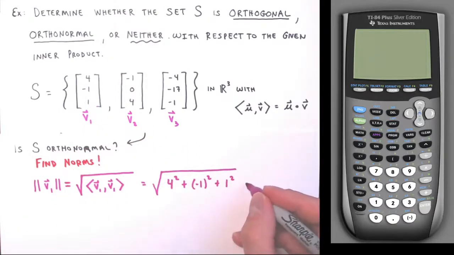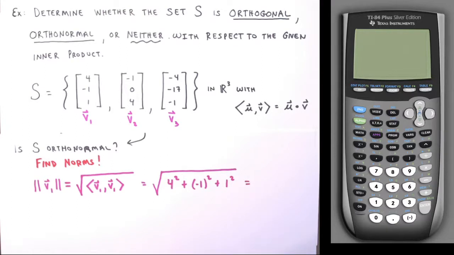The dot product of a vector with itself is just the sum of the squares of the components of that vector. And we're very clearly seeing that this is not 1. This is 16 plus 1 plus 1. This is the square root of 18, or 3 times the square root of 2, which is not 1.